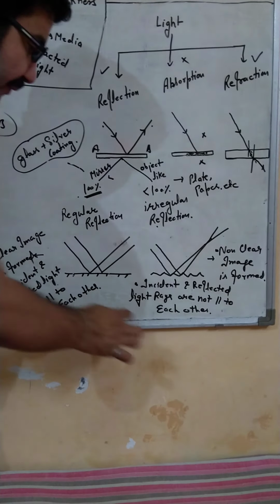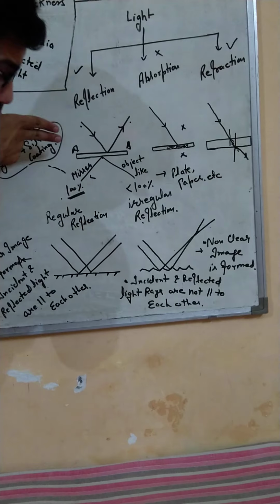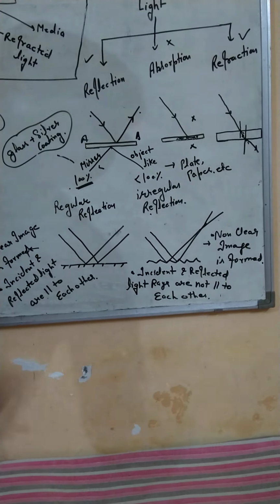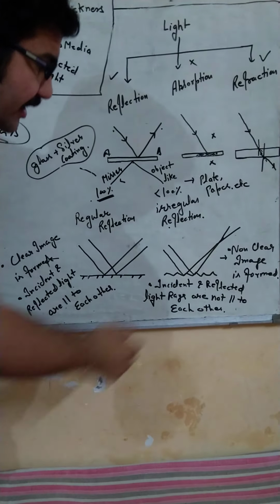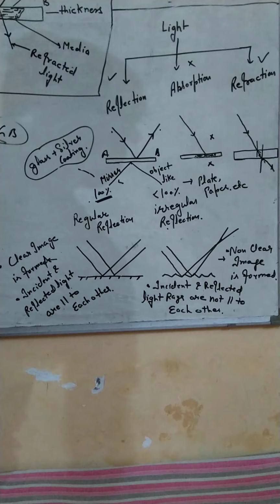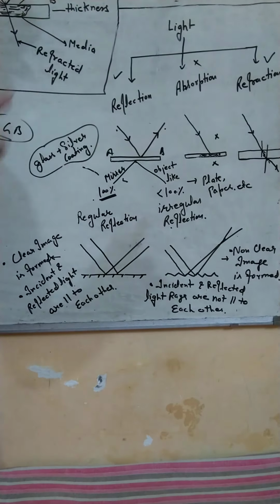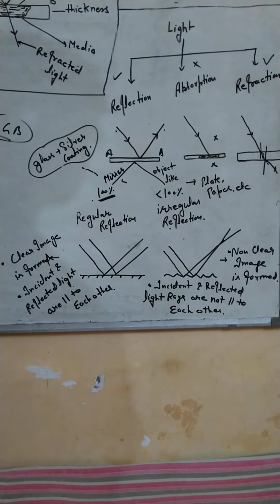While in case of diffused or irregular reflection, there is some irregularity on the surface of the object, just like plate, paper, etc. Whenever parallel incident light falls on that irregular surface, the rays get close to each other. They do not remain parallel to each other, and such a phenomenon in which incident and reflected light are not parallel is called diffused or irregular reflection.